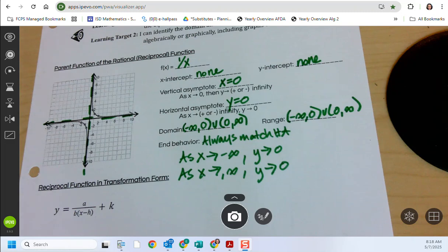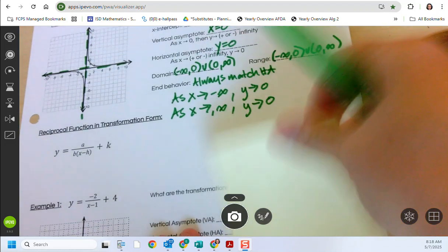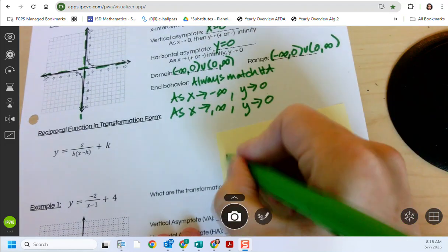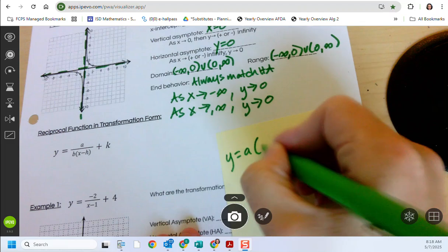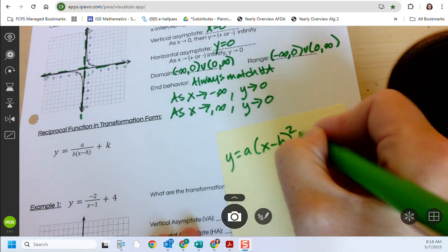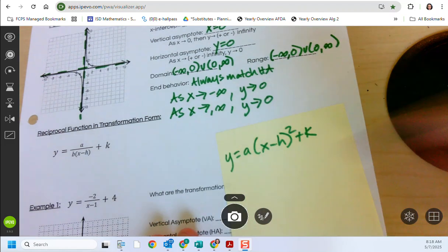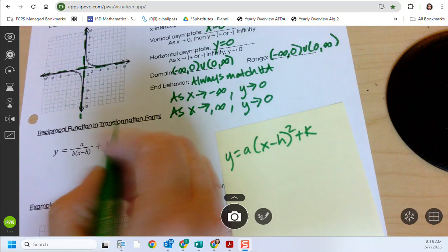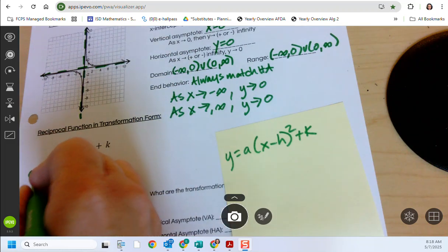All right, we have the same a and h and k that we had in all of our other functions before. I think that the one that we've done the most has been the parabola. We did y equals a times x minus h squared plus k. The a was a vertical stretch or a reflection or a compression.